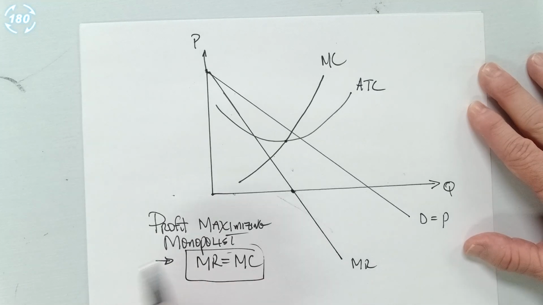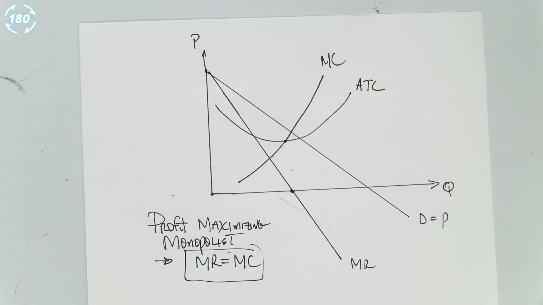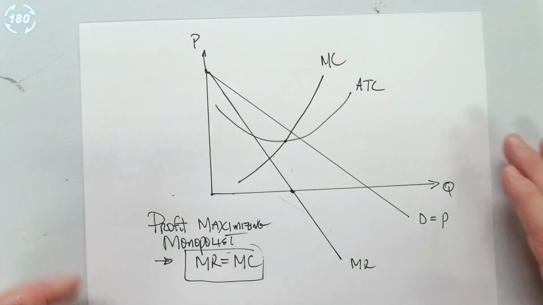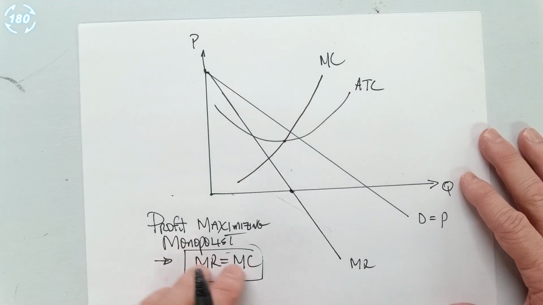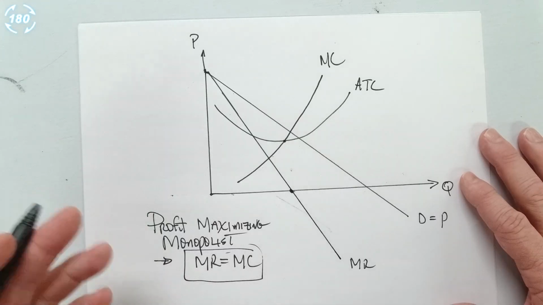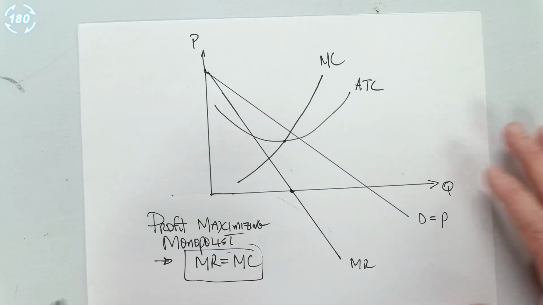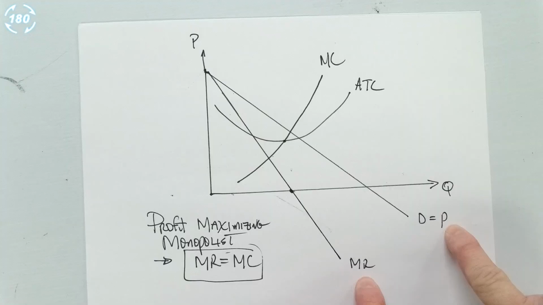Remember I said if you're going to tattoo a rule on your body from economic theory, this is the one. Now I didn't write price equals marginal revenue or marginal cost here. In perfect competition I can put price on the left because price and marginal revenue are the same. But that's not true here. Price and marginal revenue are different in monopoly.